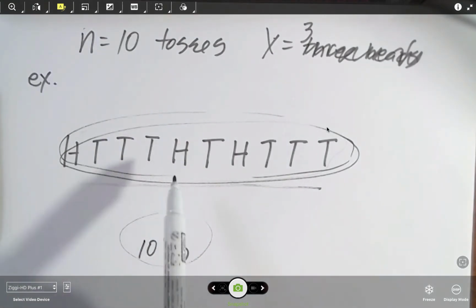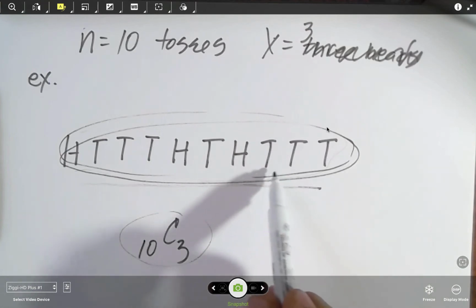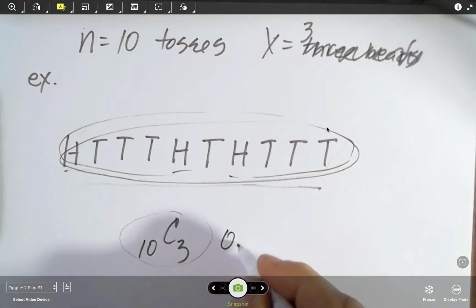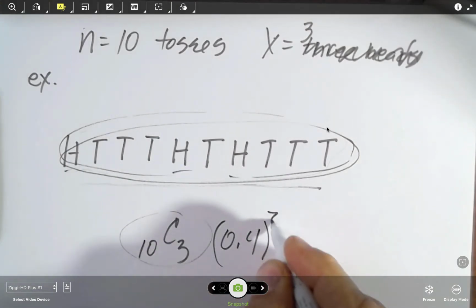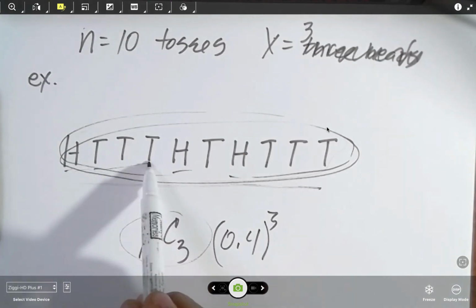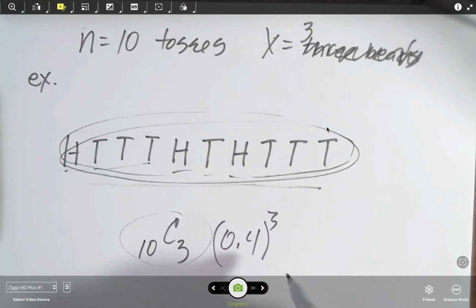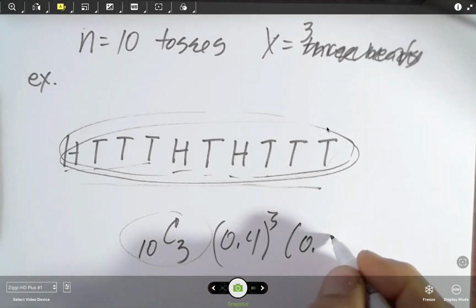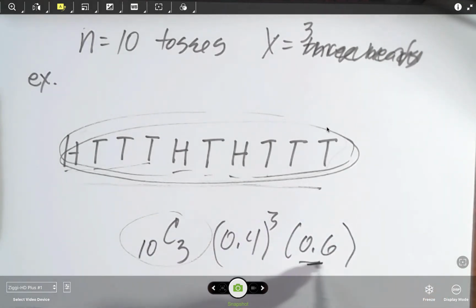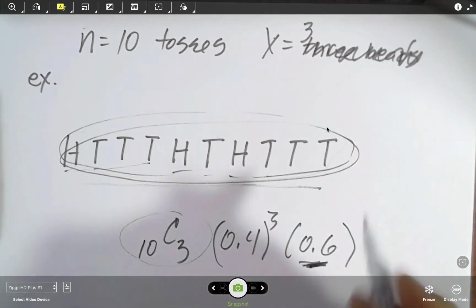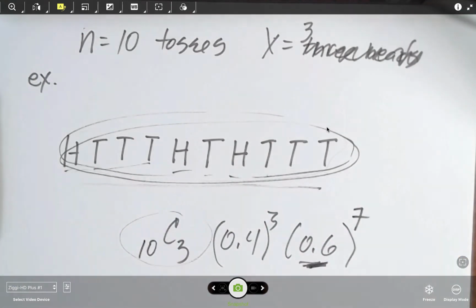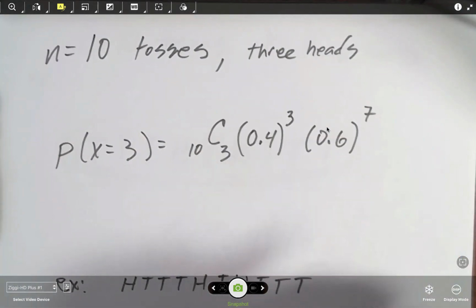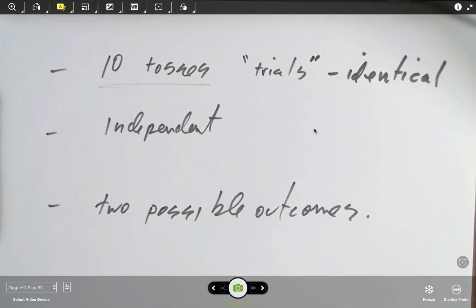Well, let's look at the probability of this occurrence. We have 3 heads, 0.4 cubed, right? And then we have 7 tails, right? So the probability of getting a tail is 0.6, right? So that should be our probability, that's the probability that x is equal to 3.